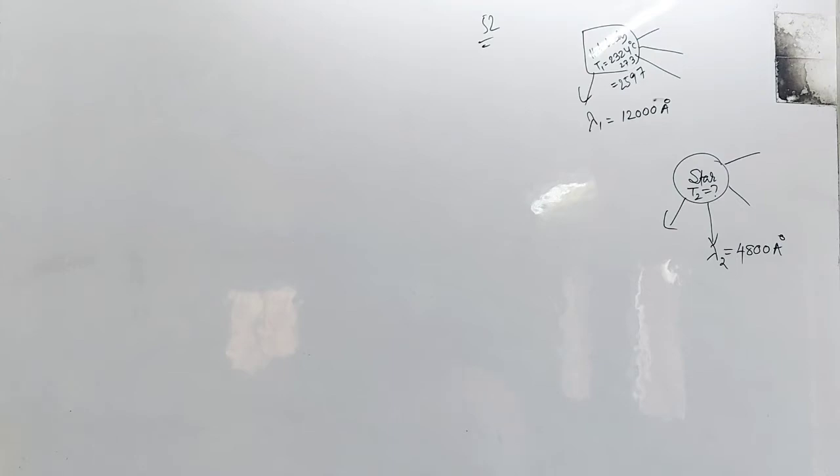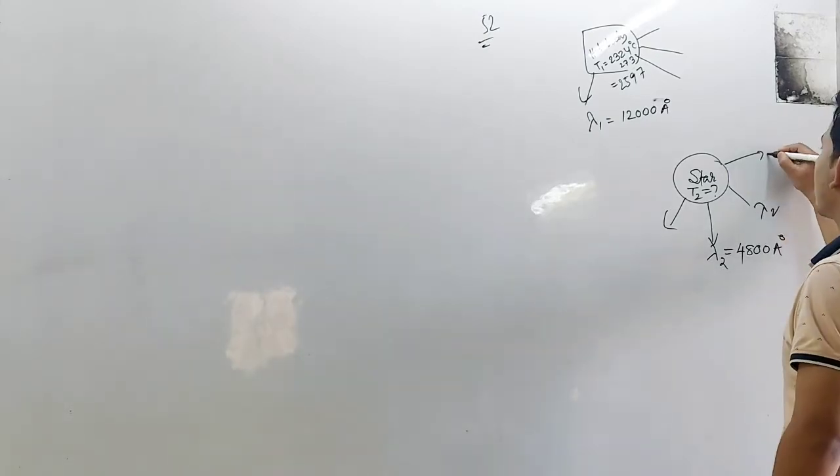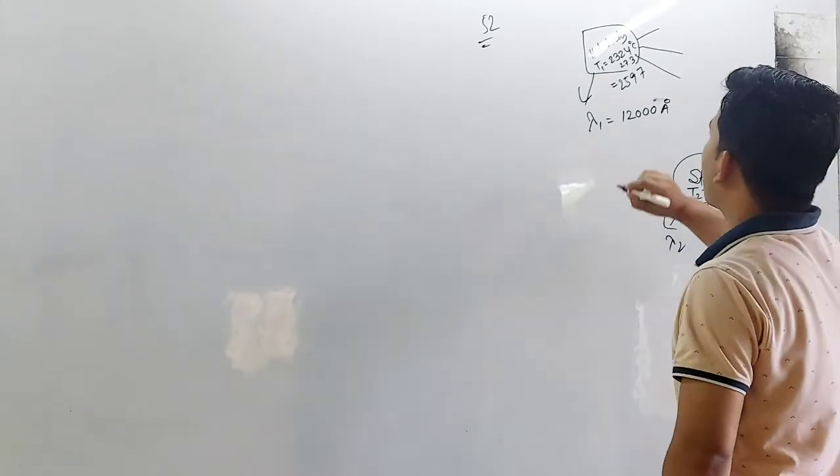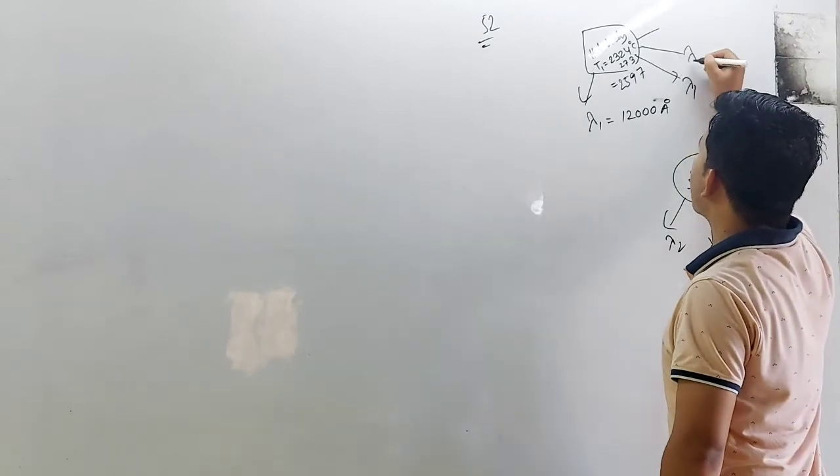A hot object will also produce radiation, and it will follow Wien's displacement law, just as the stars will follow Wien's displacement law. This will be lambda 2, and this is also lambda 1.